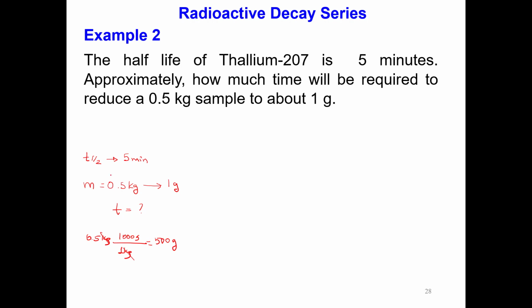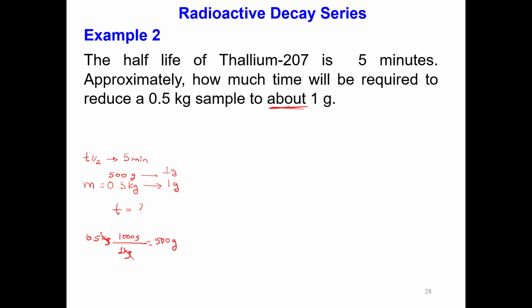And here we want to know how much time it will take to reduce 500 grams of thallium to 1 gram. Yes, this is what we want. And let's start.